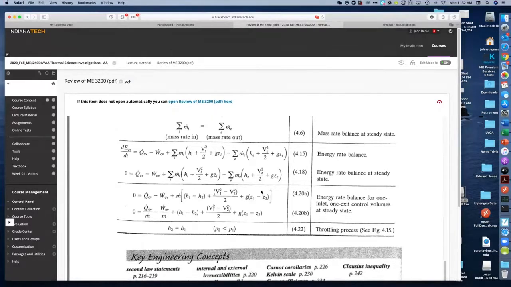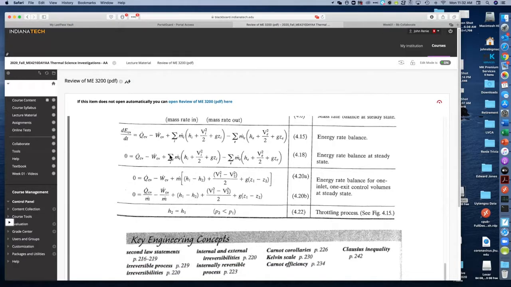What usually happens is our systems are typically just one entrance and one exit, one inlet and one exit. And so these summations just become over 1.